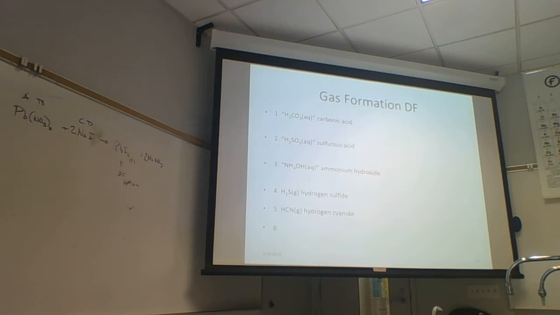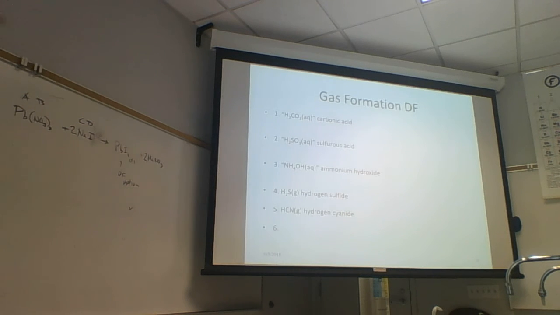So if we had two hydrogen ions and a carbonate ion, we're going to form H2CO3. But H2CO3 is unstable, and H2CO3 will decompose into H2O liquid and CO2 gas. This is a reaction that we saw in the lab on Thursday. Hydrogen ions and carbonate ions will effervesce with the formation of CO2.